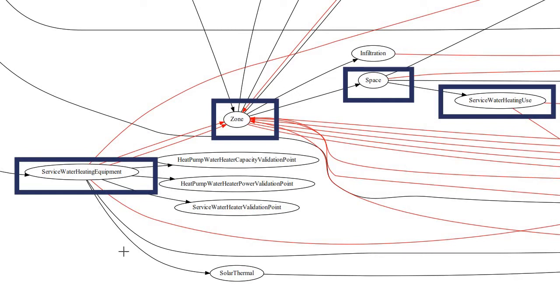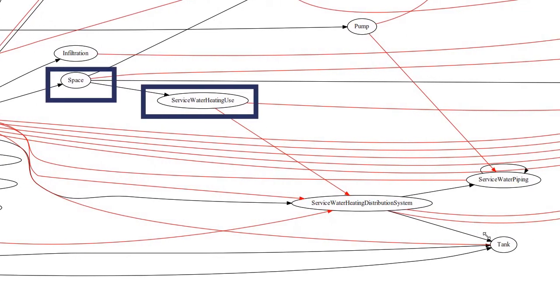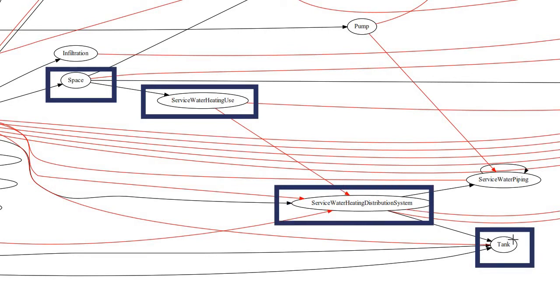That's one of the items we're going to be talking about today. And surface water heating equipment also references SolarThermal. And then the other item that we're talking about today is tank. So the surface water heating use references the distribution system, which can include a tank.